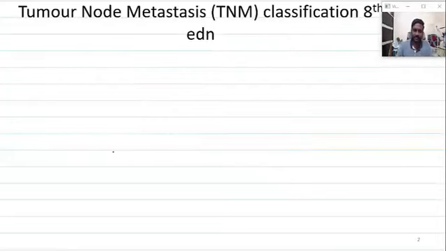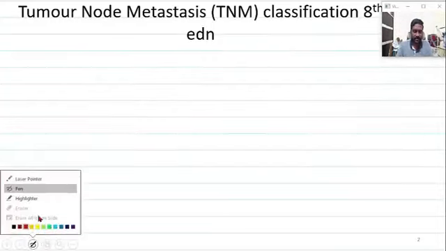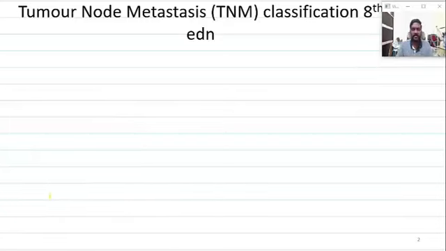So for staging of any tumor we have something called the TNM classification. T stands for tumor, N stands for node, and M for metastasis. And we are following the recent 8th edition of classification. Let us see the components.